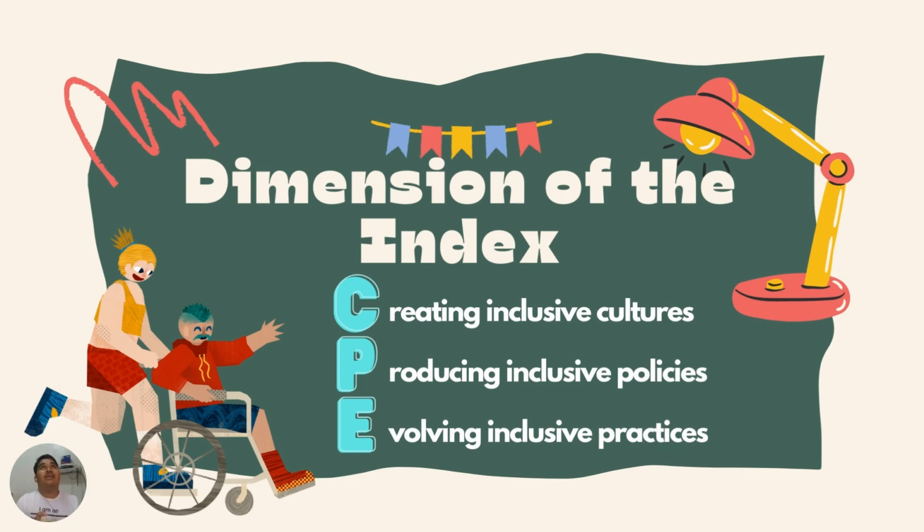So let's call this CPE. C for creating inclusive cultures, P for producing inclusive policies, and E for evolving inclusive practices. Again, the three dimensions in the index, we have the CPE: creating inclusive cultures, producing inclusive policies, and evolving inclusive practices.